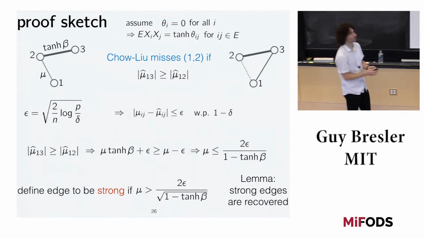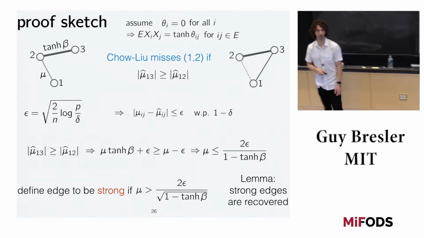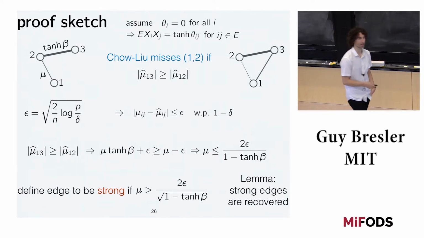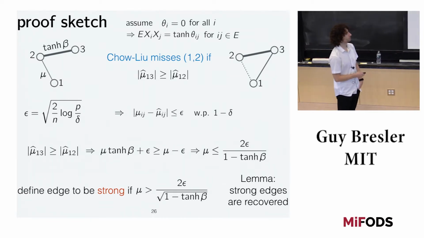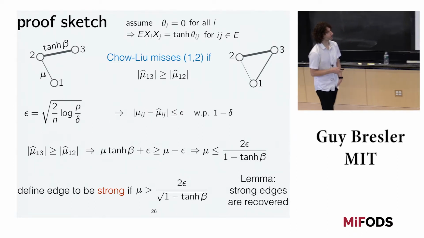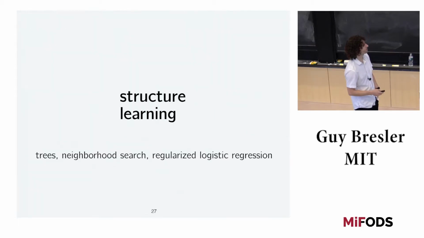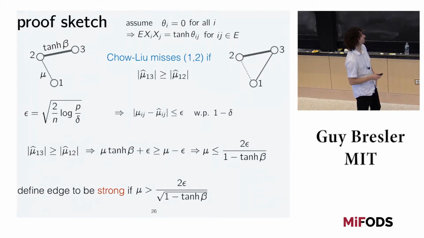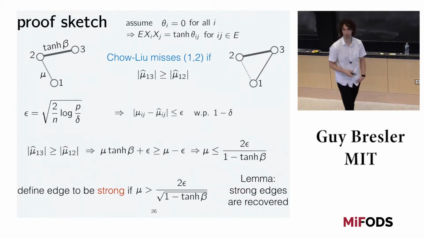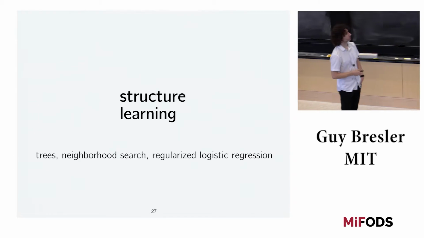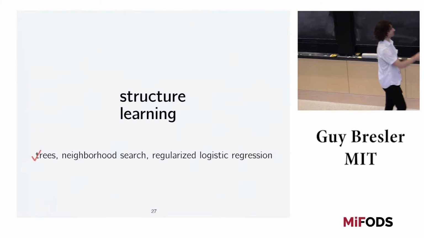It takes a little bit of thought, but probably everybody here could fill in the details, or you can look in our paper that I think appeared this year, I'm not sure. So this is an analysis of the Chow-Liu algorithm, and it proves the sample complexity that I stated. Good, okay, so done with trees.